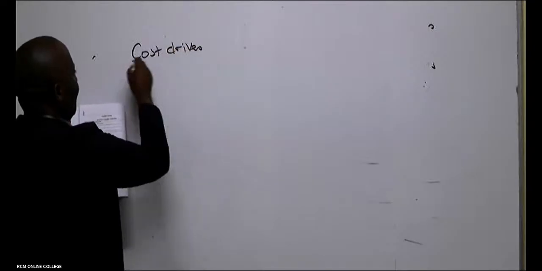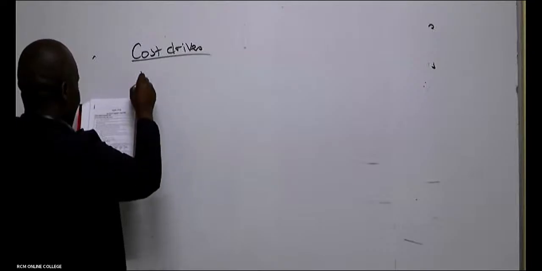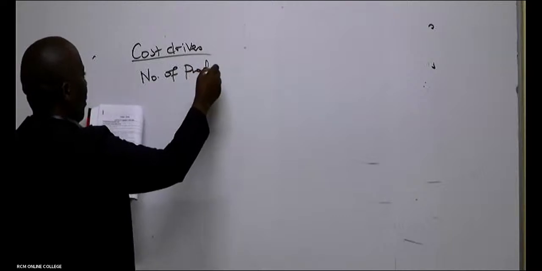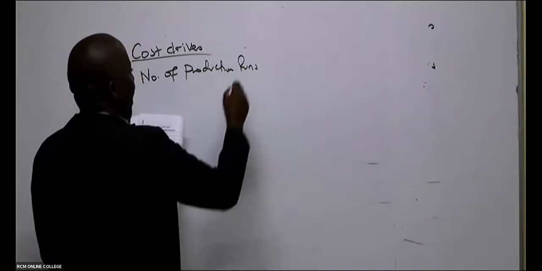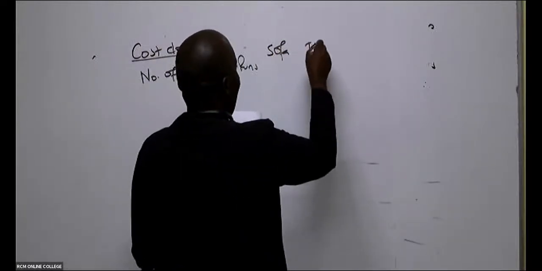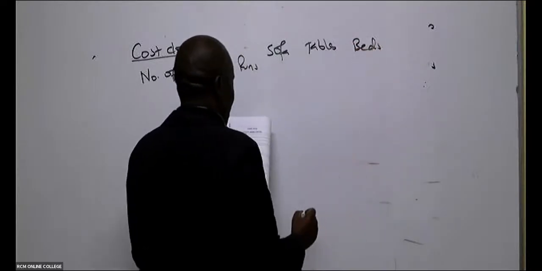These cost drivers: I have number 1, number of production runs, where I can see we have the sofa, we have tables, we have beds, and total.